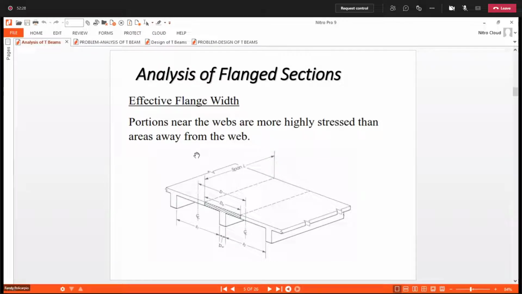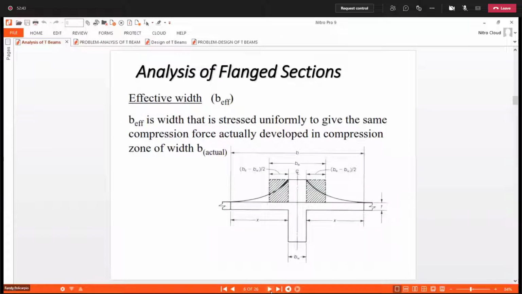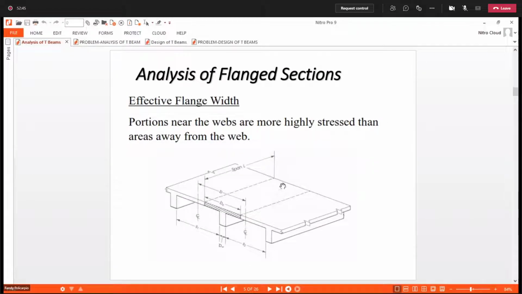Okay, so for the determination of the effective flange width, this is how we have actually criteria on how to determine the effective flange width. Okay, so mentioned here, portions near the web are more highly stressed than areas away from it.